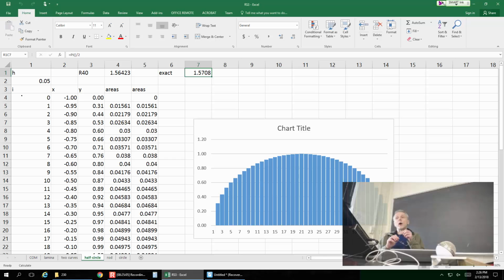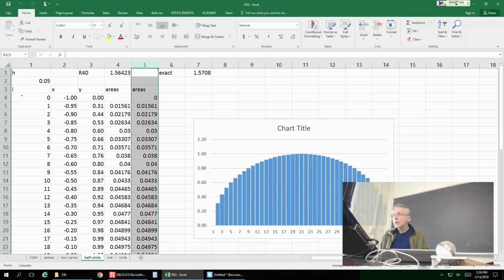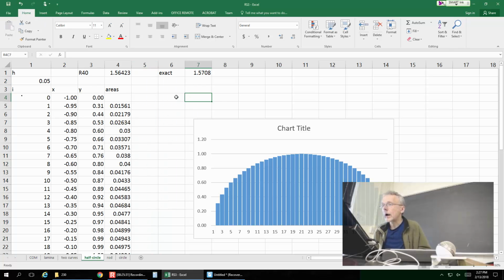As you can see, first you have the x column, x values, and y values are computed by the familiar formula, square root of 1 minus x squared. Then we computed the areas of those bars.